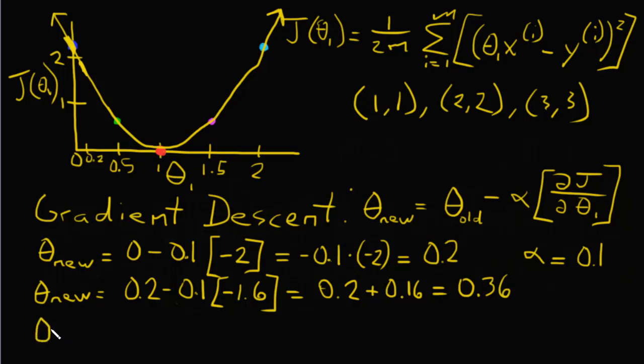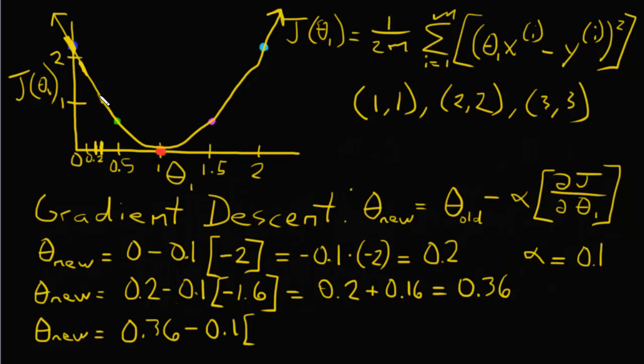Okay, now let's run through the algorithm again. Theta new is going to equal my old theta, 0.36, minus 0.1 times the slope at the value 0.36. Maybe that's somewhere around here. Actually, looking at that, it's probably closer to here.